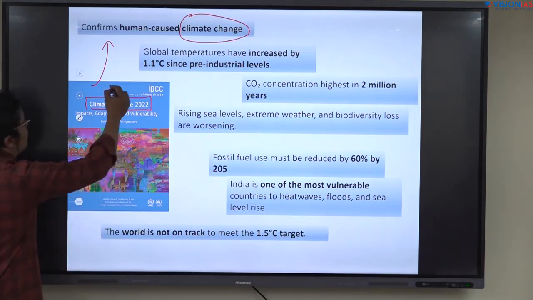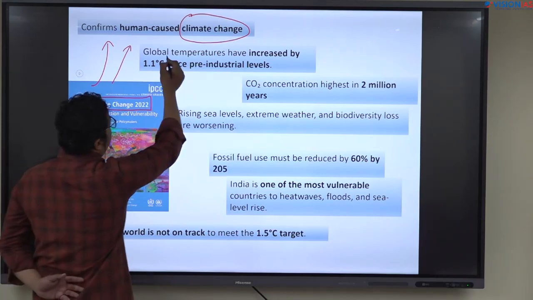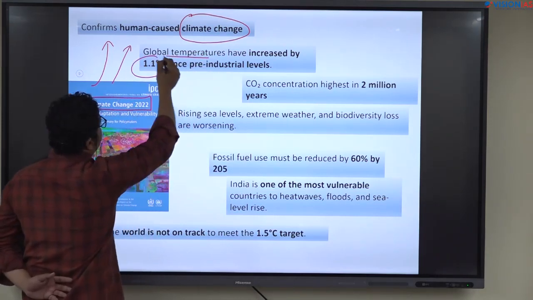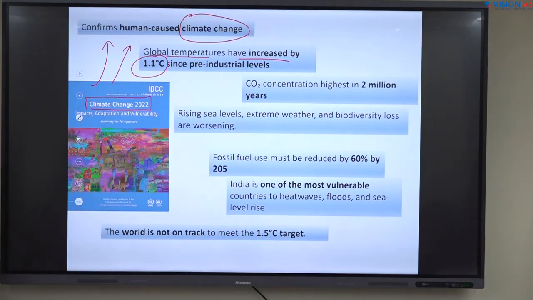First of all, IPCC confirms that yes, climate change is real, and second, it is caused by man-made activities, human-caused climate change. That is what this report talks about. Second, it says that global temperature has already increased. Earth's temperature has already increased by 1.1 degrees Celsius.